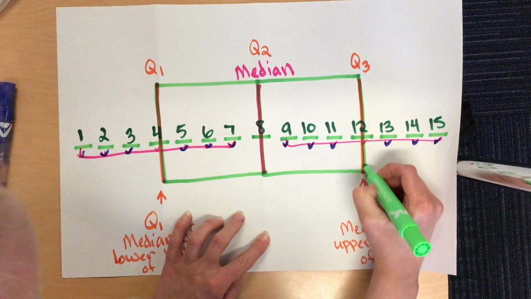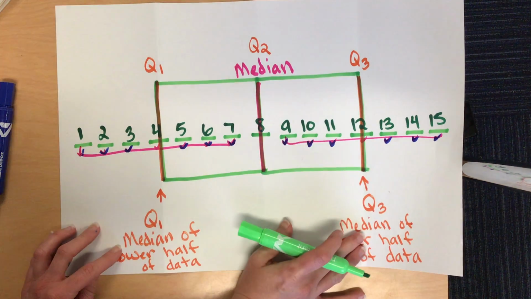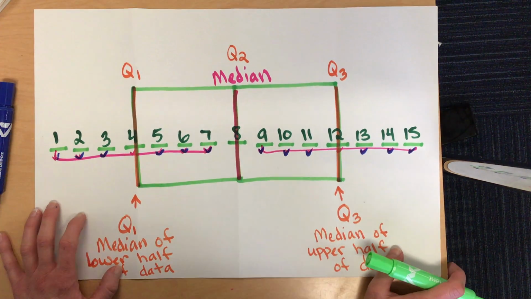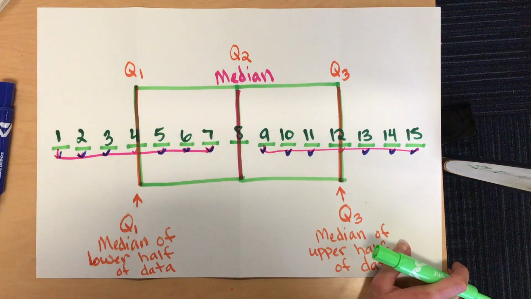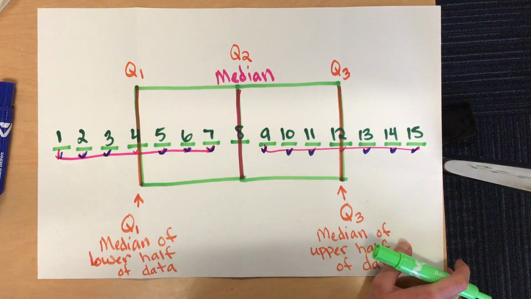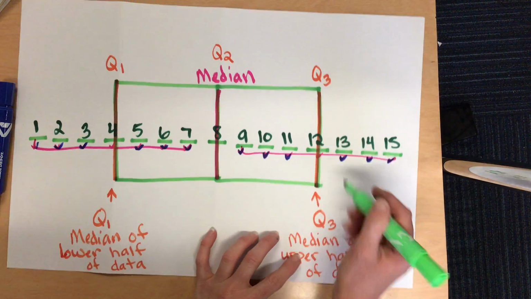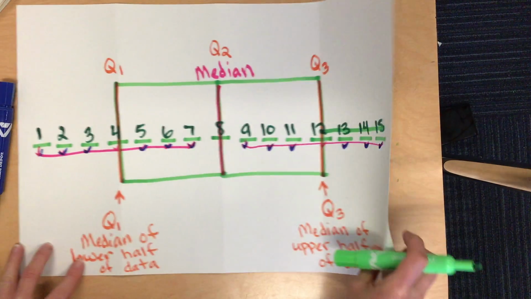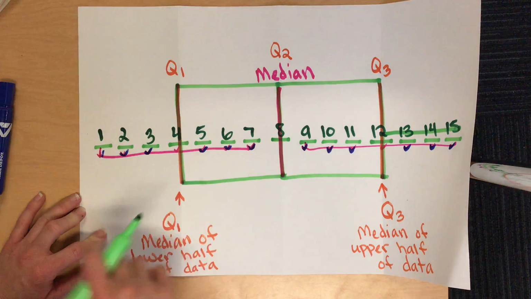Then we have whiskers that extend to our extreme values. It's just a fancy way of saying your greatest number and your least number. So our greatest number is 15. From our box, we're going to draw a whisker out to 15. And our lowest value, or our lower extreme, is 1. So you're going to draw a whisker out to 1.